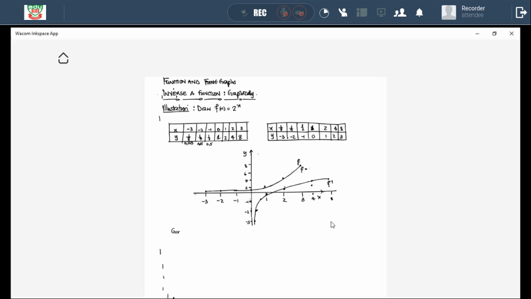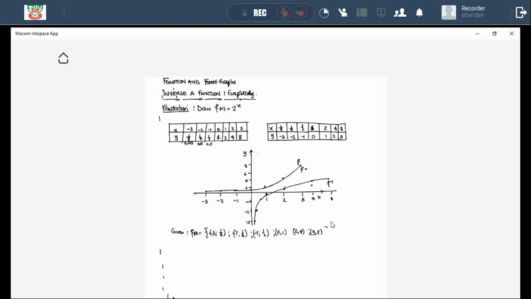Now, let me come to a generalization out of this. So if I am given that f of x is equal to something like this: negative 3, 1 over 8. I'm just stating it as coordinates: negative 2 and a quarter, then negative 1 and a half, then 0 and 1, then 2 and 4, 3 and 8.